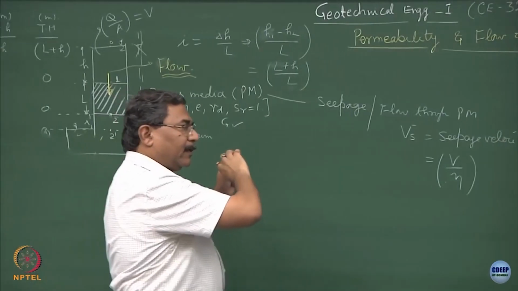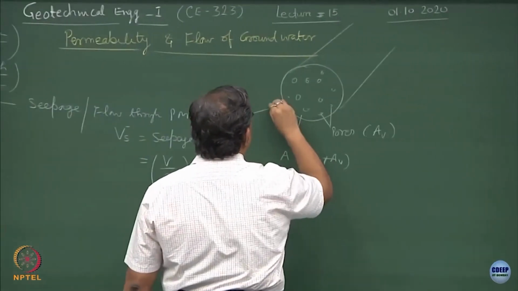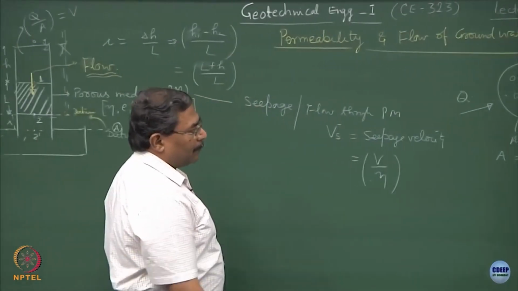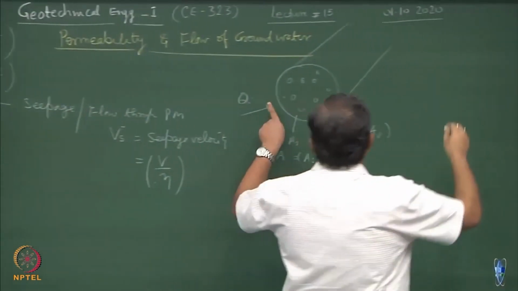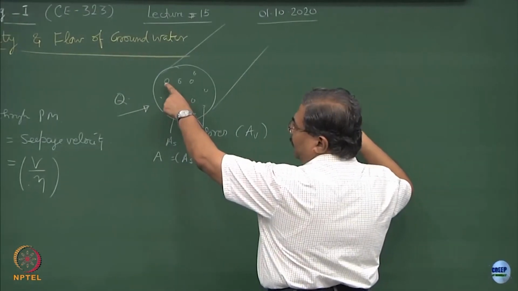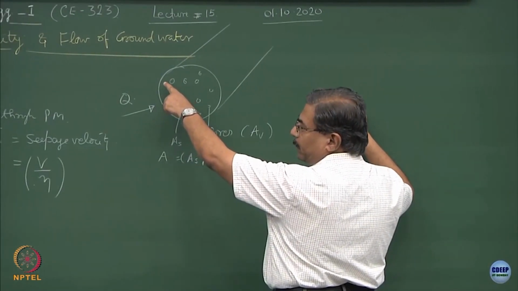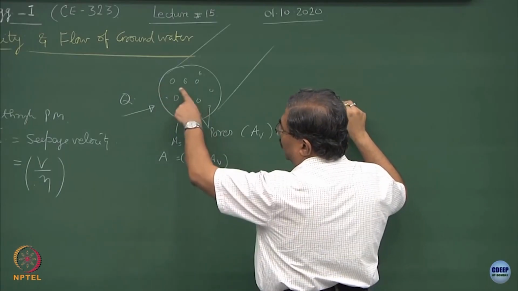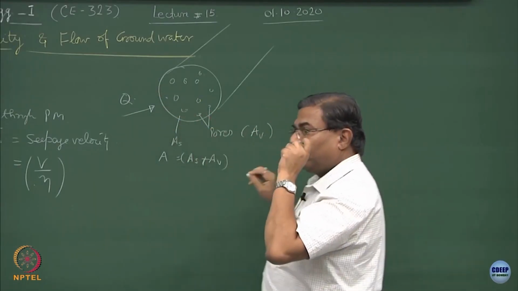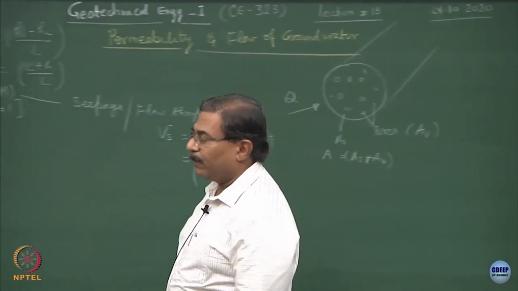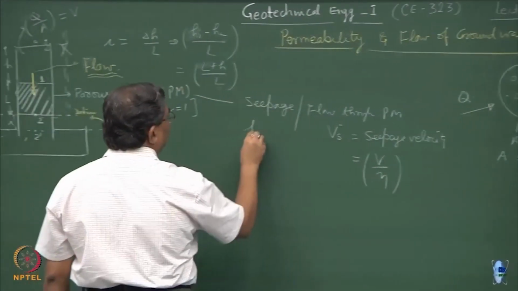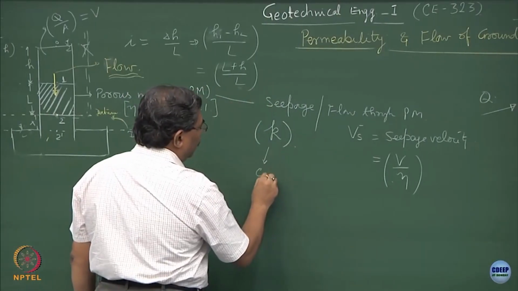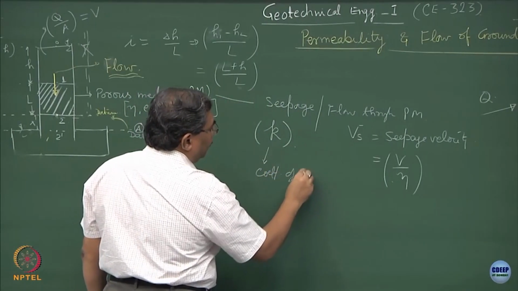Now, imagine if the discharge is taking place in this direction, which is equal to Q, what is going to happen? A certain amount of water is going to enter through the pores, not the entire flux, because the solid portion is going to put a lot of resistance in the flow, and that is what we have defined as the hydraulic conductivity K, coefficient of permeability.